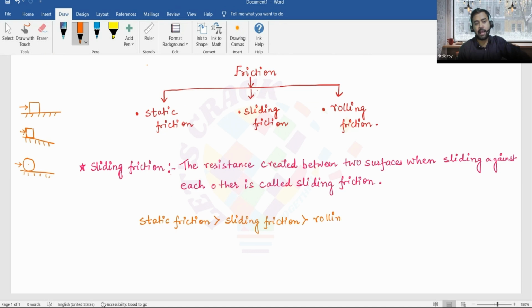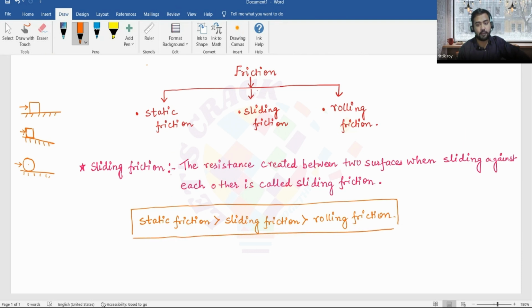Why is the value of static friction more and rolling friction less? This all depends on the surface area of contact. In static friction the surface area of contact is very much as compared to sliding and rolling friction. In rolling friction, since the surface area of contact is very less, it is the least, and static friction, since the area is more, is the most.